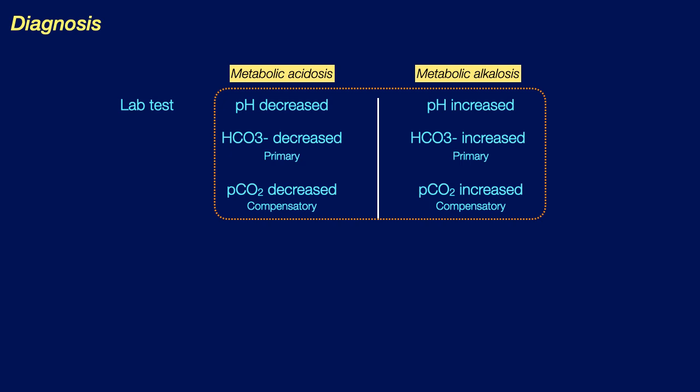There is bicarbonate also decreased, and this is a primary problem due to whatever problem is causing the metabolic acidosis. And as compensation, you'll see that the lungs decrease the partial pressure of CO2. And the opposite happens in the metabolic alkalosis.